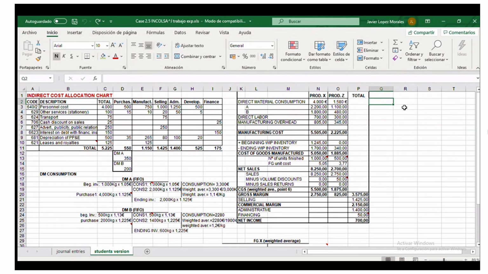Well, we are going to talk about the income statement, which we are going to explain quickly.